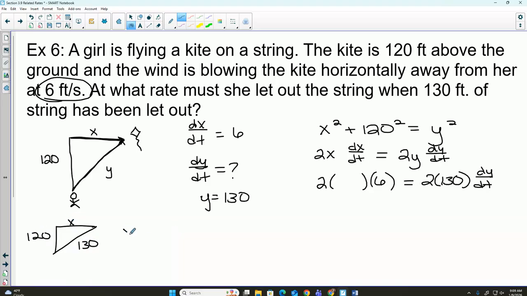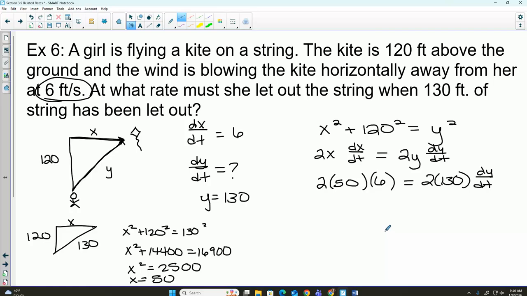So we can solve it. x squared plus 120 squared equals 130 squared. So x is 50 at that instant.